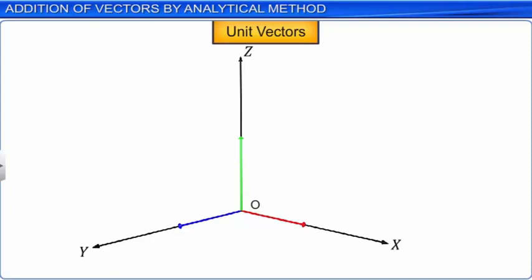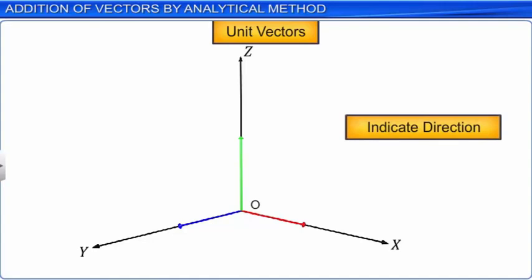Unit vectors along the direction of the x, y, and z-axis of the rectangular coordinate system are denoted by i cap, j cap, and k cap respectively. These three unit vectors are perpendicular to each other, as the three rectangular coordinate axes are perpendicular to each other.